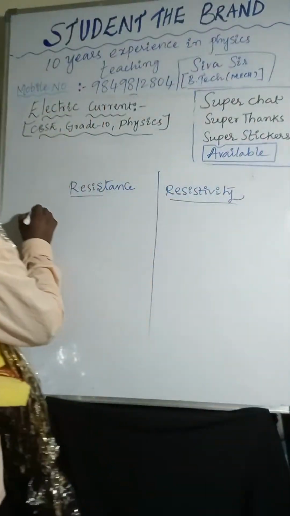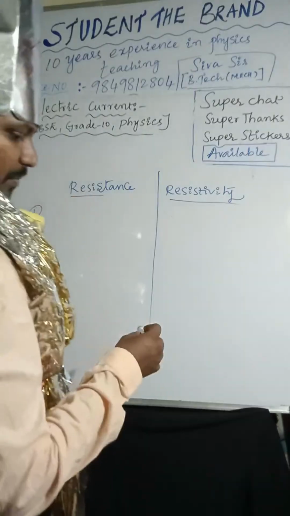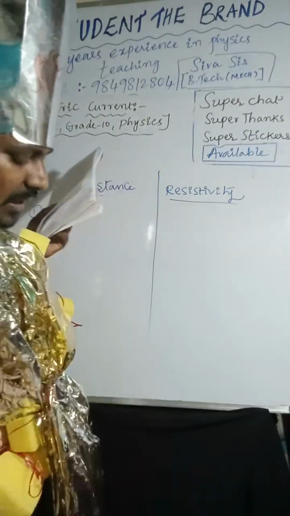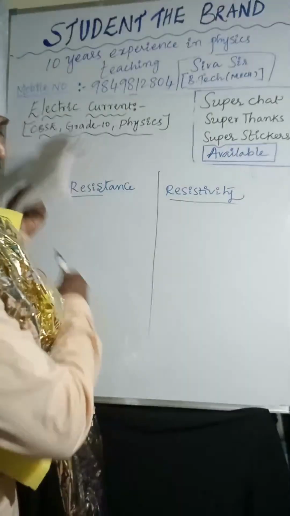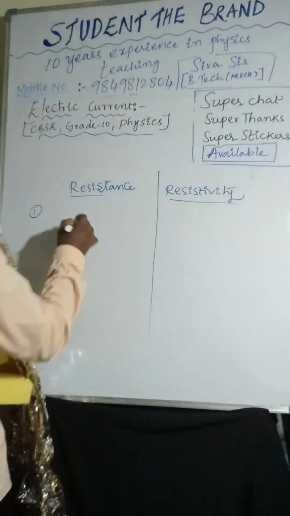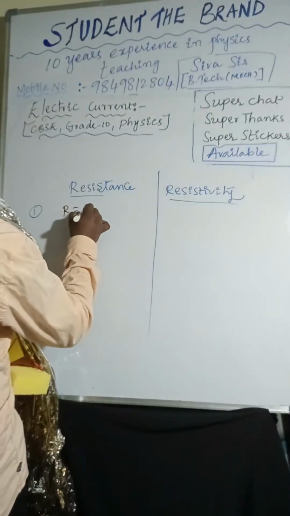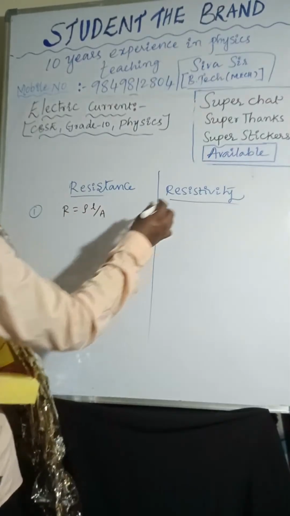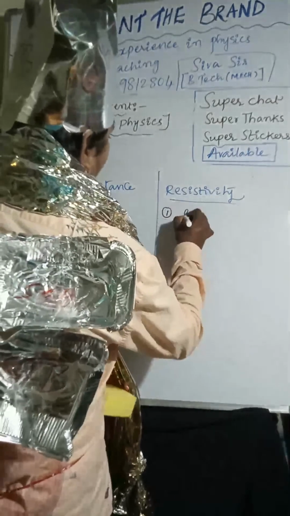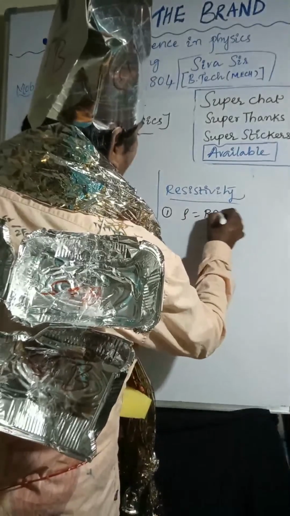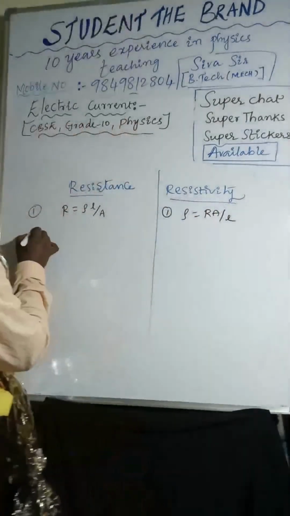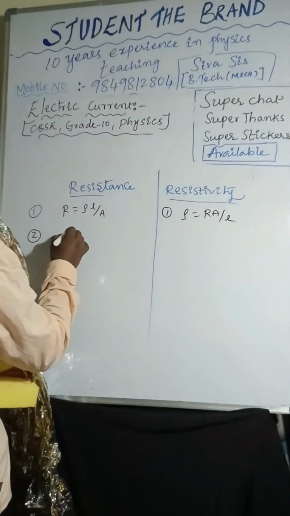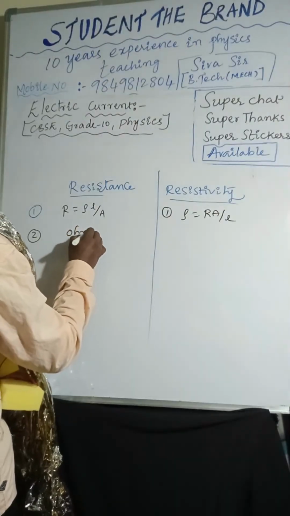So first point is the formula. Resistance formula is R equal to rho into L by A. So in the other one, rho equal to R A by L. Second, SI unit of resistance is ohm.